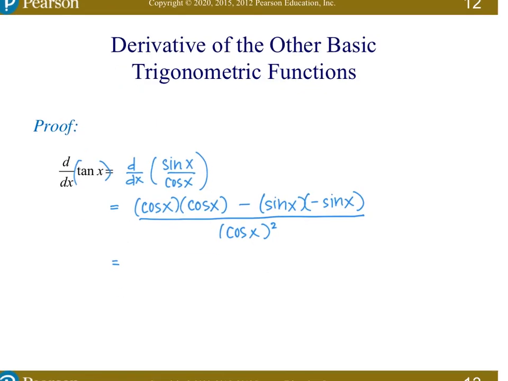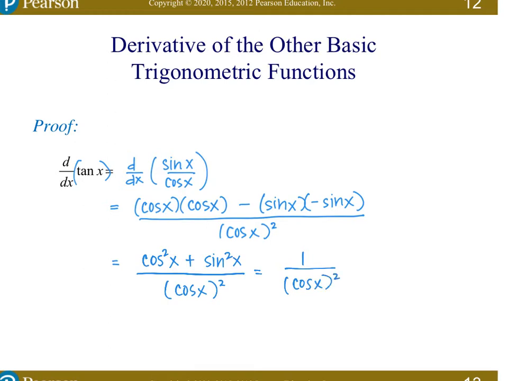So my numerator becomes cosine squared x plus sine squared x over the denominator, cosine x quantity squared. So we've got the Pythagorean identity, 1, over the cosine of x quantity squared.